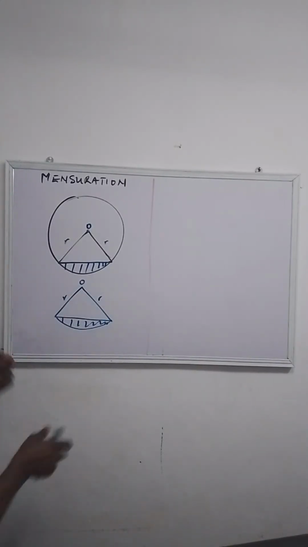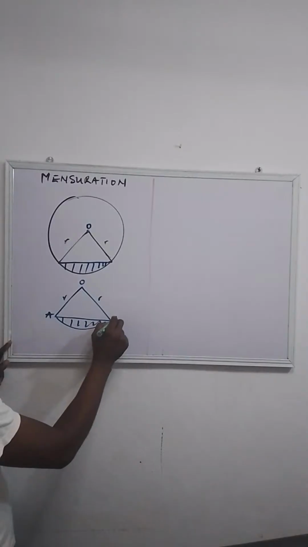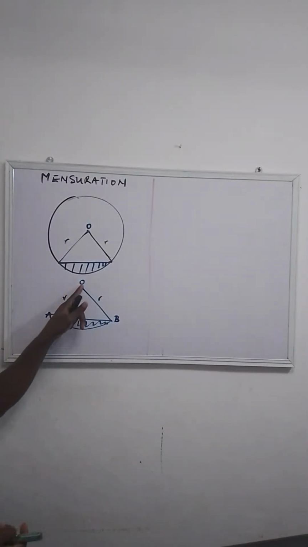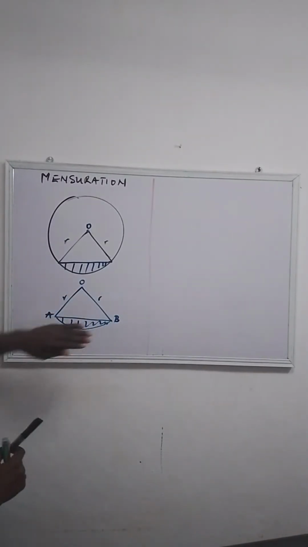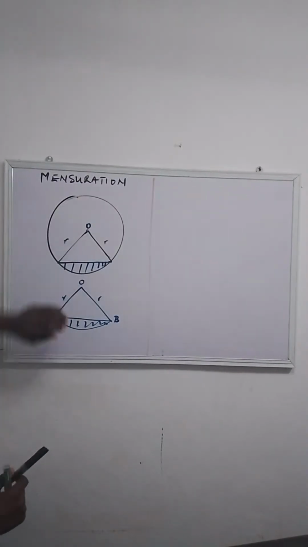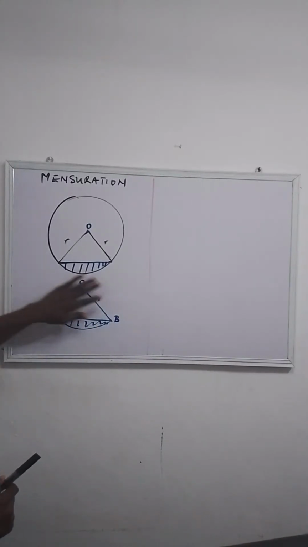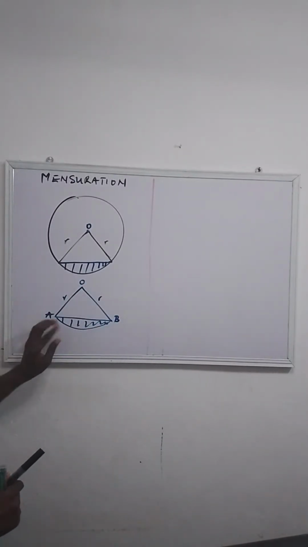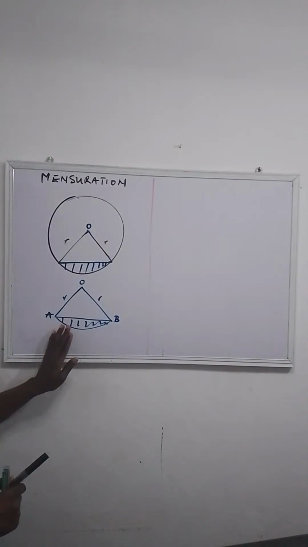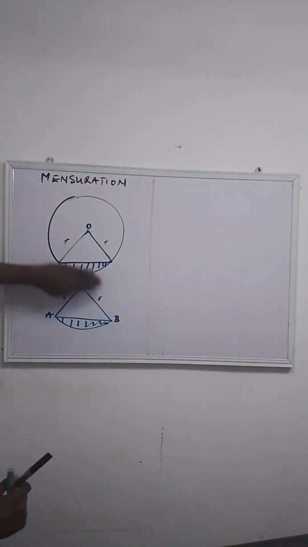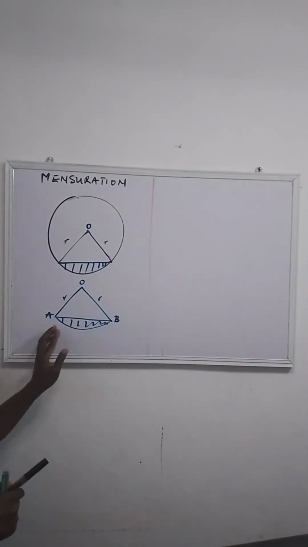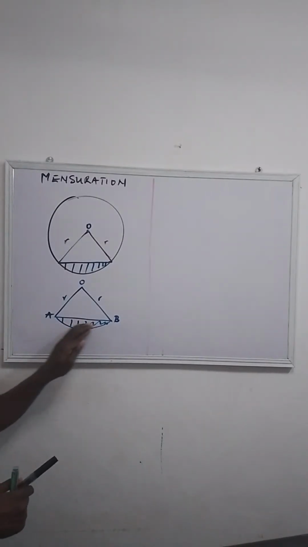Let me label this AB. We have triangle OAB. So take away this triangle AOB, and you'll be left with this one. Out of the whole sector, I want to get this area of the segment, so take away this triangle from everything. What you are left with is this segment.